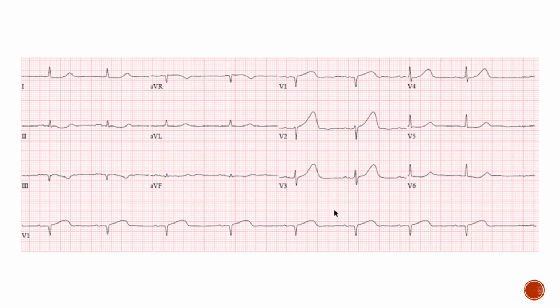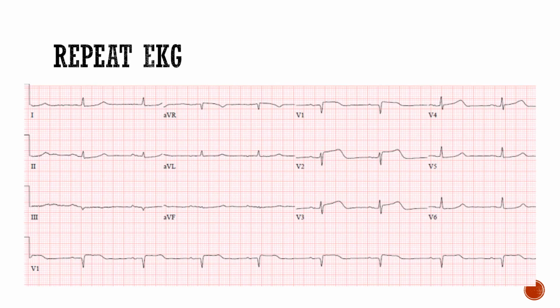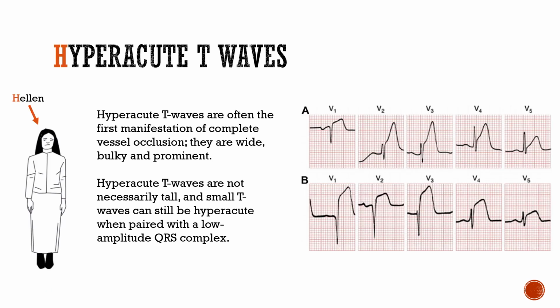Here we can see the classic hyperacute T waves in V2 to V3. These same hyperacute T waves later develop into the classic ST elevations that we're all too familiar with in V2 and V3.